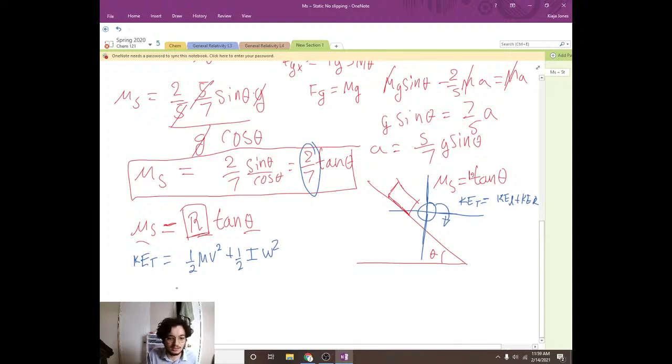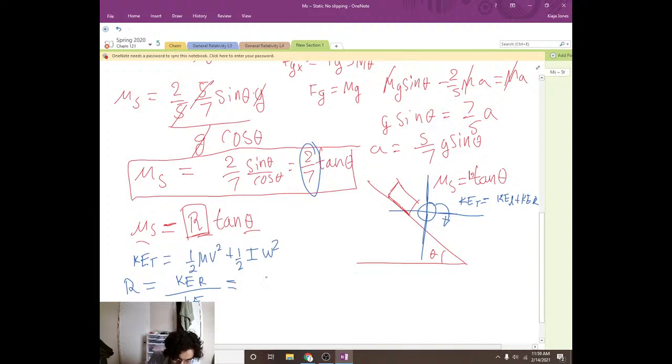The question is, what if we find the ratio of the rotational kinetic energy over the total kinetic energy? We're basically finding how much of the energy is rotational energy, as a percent.